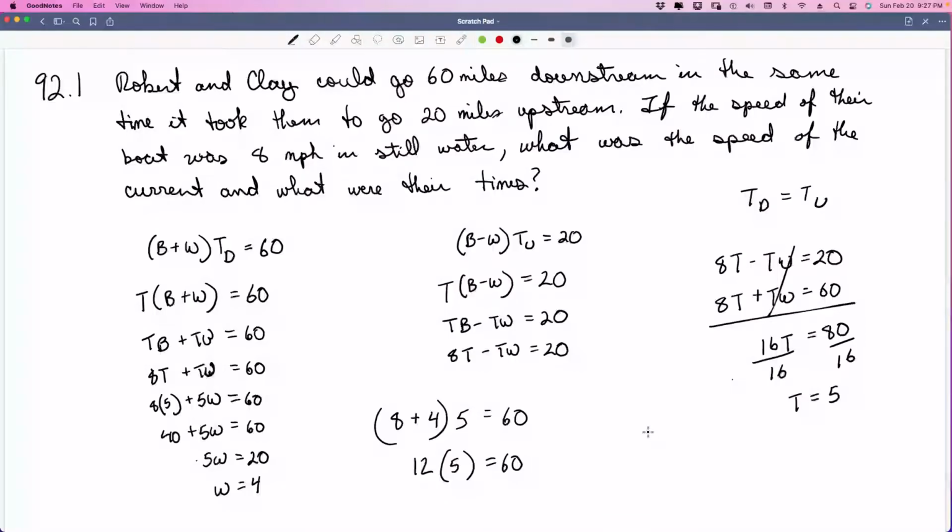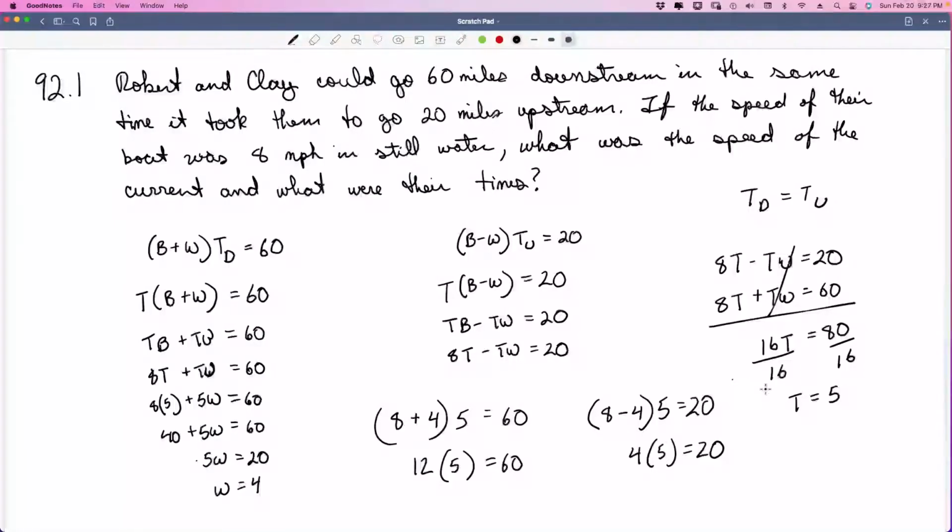And then for upstream, we have 8 minus 4 times 5 should equal 20, and indeed 4 times 5 is equal to 20. So the downstream speed was 12 miles per hour, and the upstream speed was 8 miles per hour.